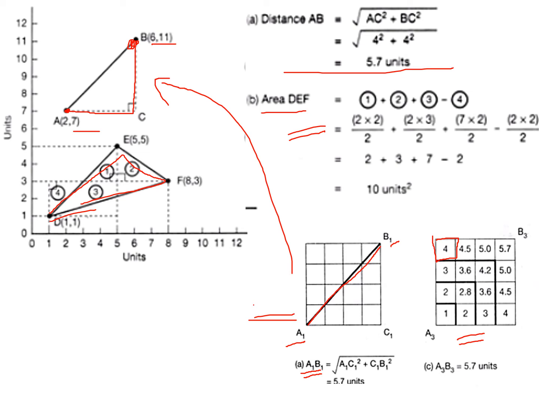If you want the length from here to here, the value is 5.7. You may be asking how this value comes out. We will not go into the detailed calculation in that depth, only to understand how measurements of any quantity can be expressed.